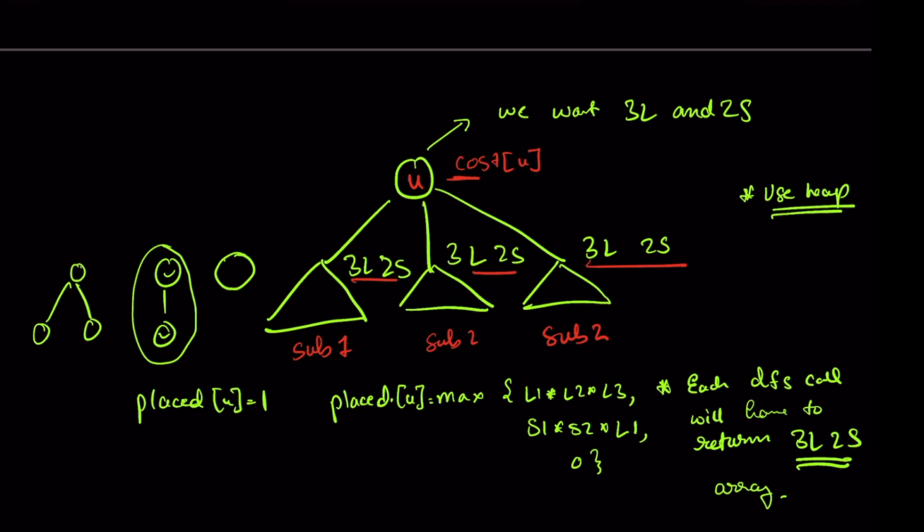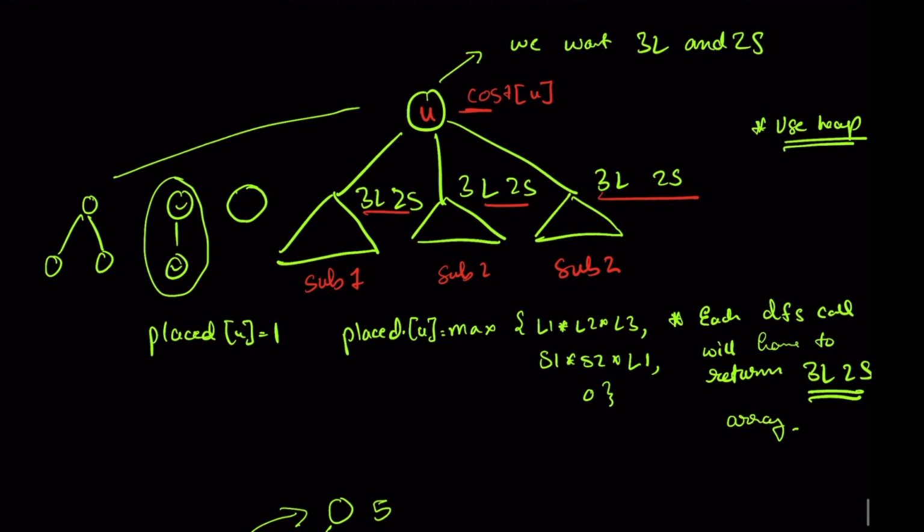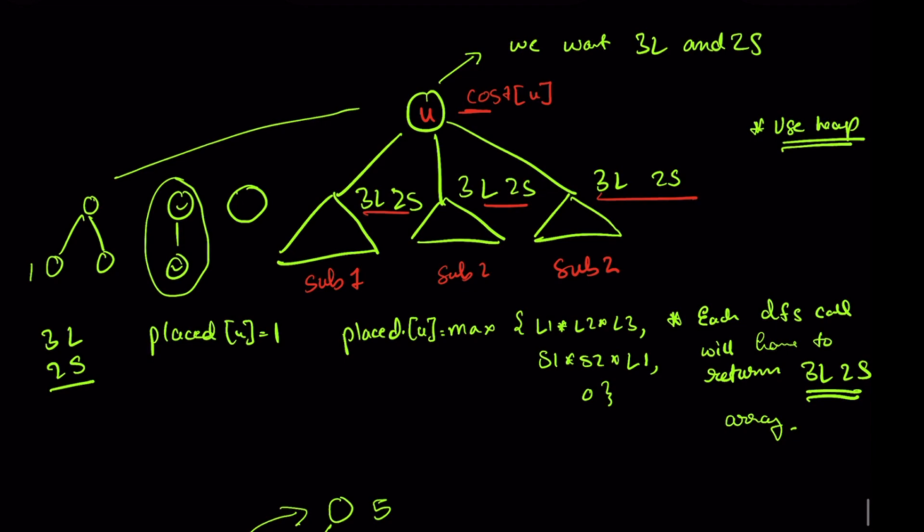But when you take the case of, let's say, this subtree under this parent, we will find three largest and two smallest, as we discussed before. But let's say the values are 1 2 3. Then the three largest will be 3 2 1, and the two smallest will be 1 2.